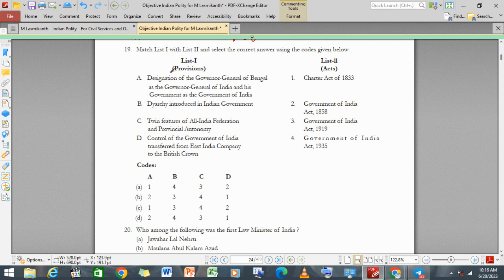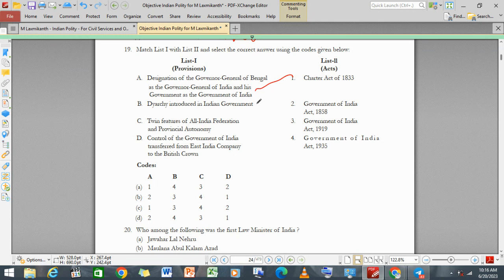The designation of Governor General of Bengal as the Governor General of India came later in the Charter Act, the second last Charter Act, after which it came in 1858. 1853, sorry.